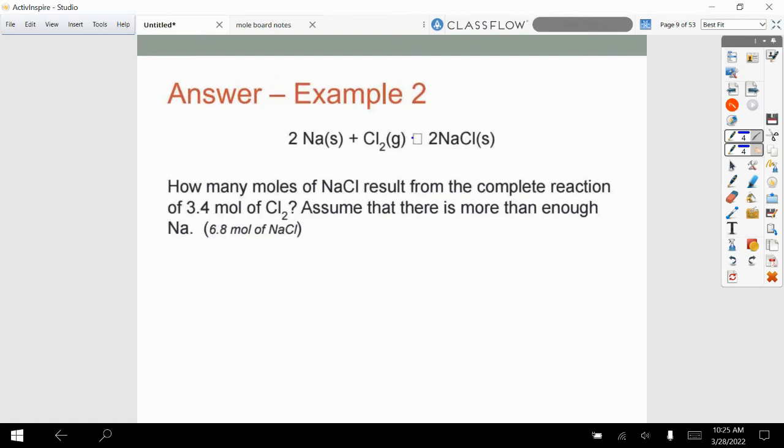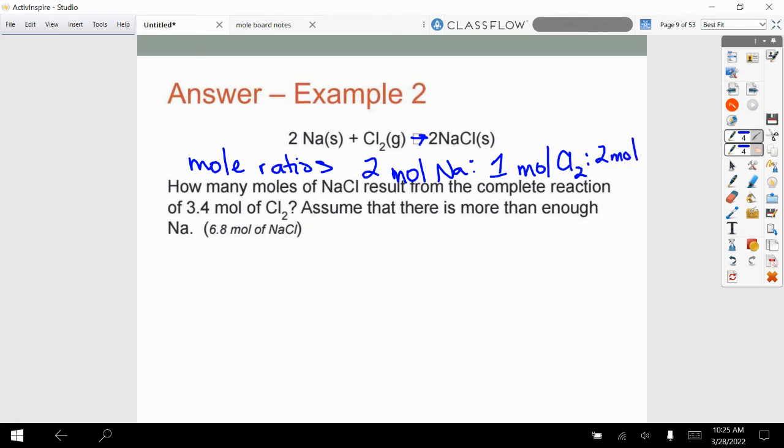Okay, so let's go ahead and do another example. If we look at our mole ratios for this example, we would have 2 moles of sodium for every 1 mole of chlorine for every 2 moles of NaCl. If we have 3.4 moles of Cl2, which relationship would we put in here?